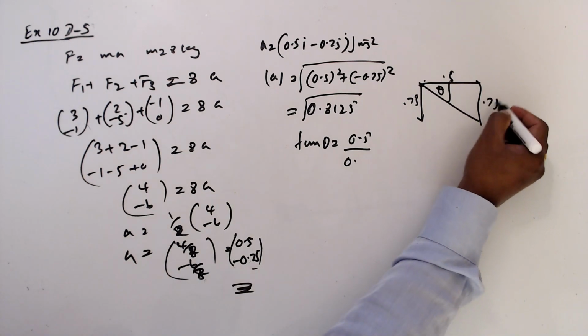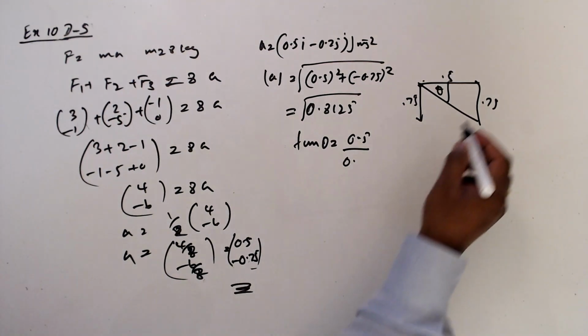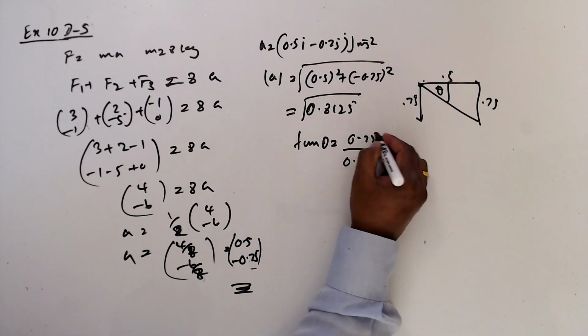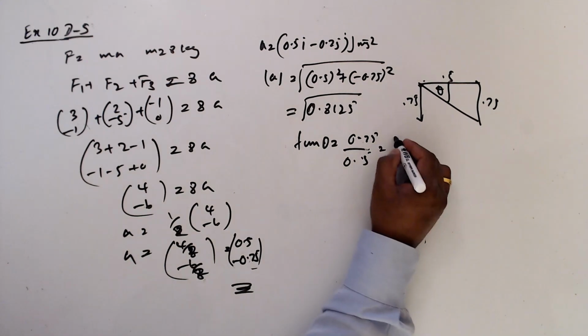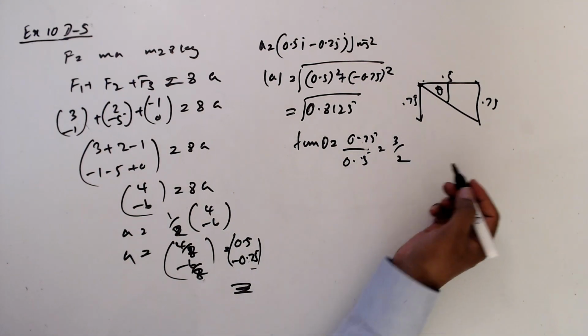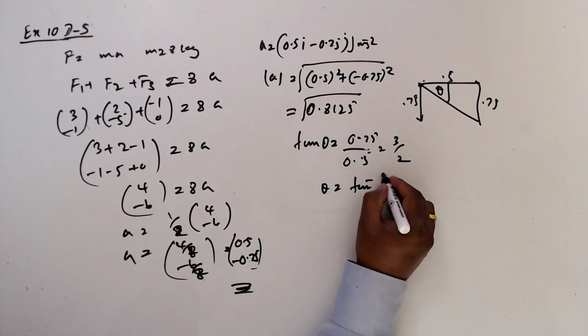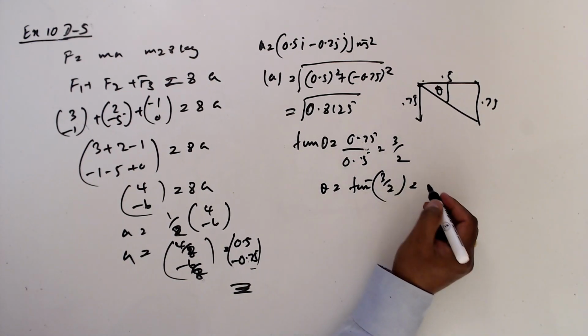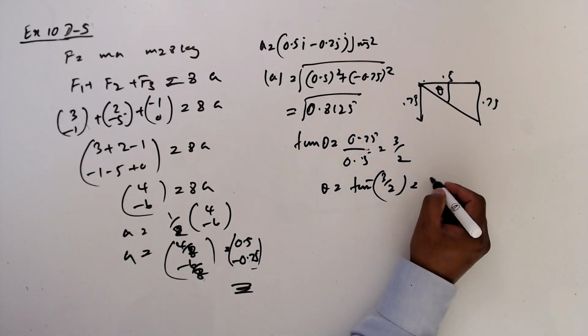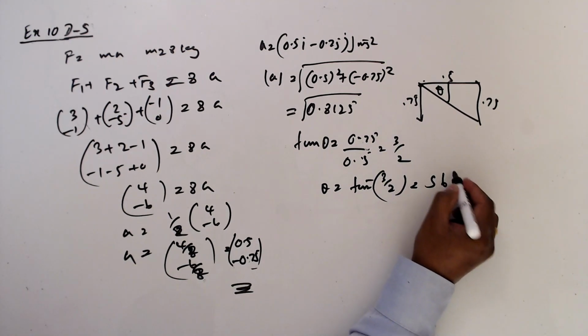So tan theta equals 0.75 divided by 0.5, that is 3 over 2. Theta equals tan inverse 3 over 2, so that is going to be 56.